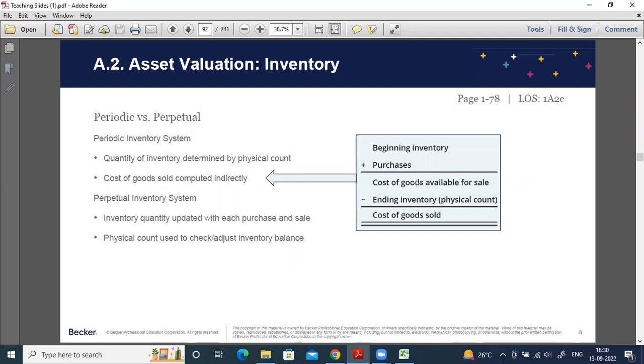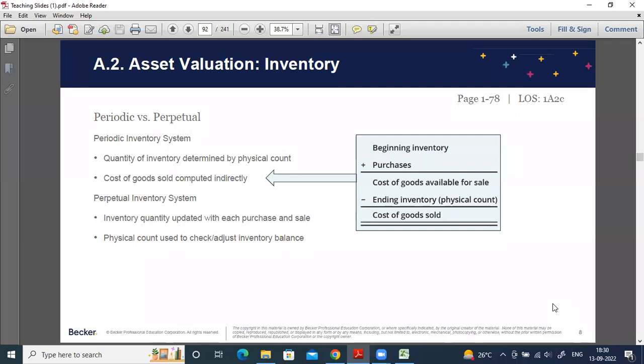then it is considered as cost of goods sold. So the main difference between periodical inventory and perpetual inventory is, in periodical, quantity of inventory is determined by physical count, and in case of perpetual, inventory quantity is updated with each purchase and sale. Whenever there is a purchase and sale, the inventory will be updated, and definitely the physical count will also be done.